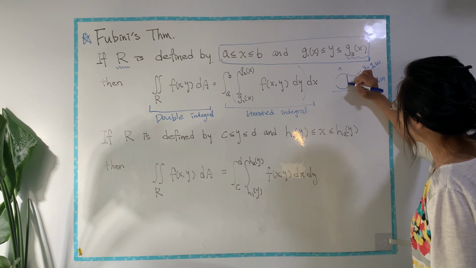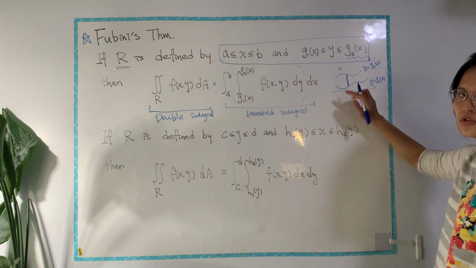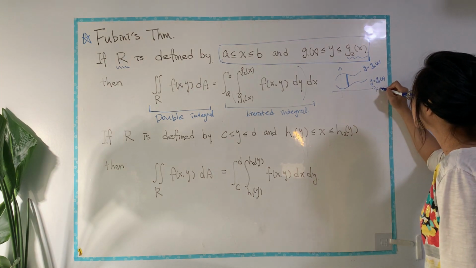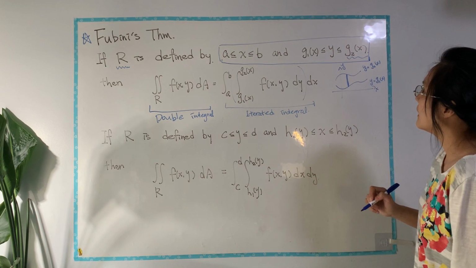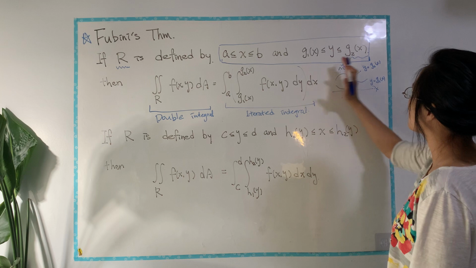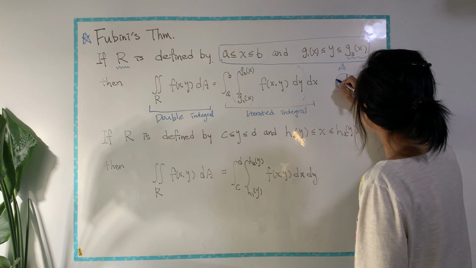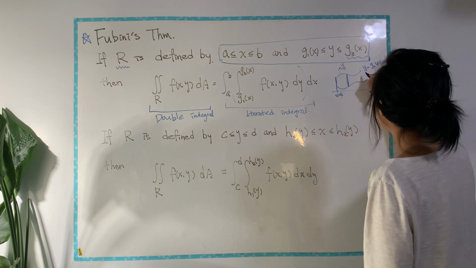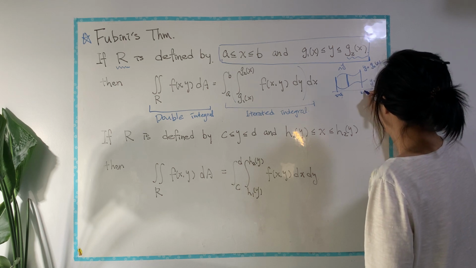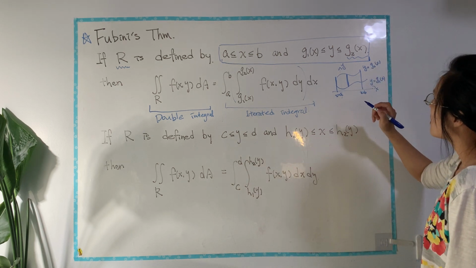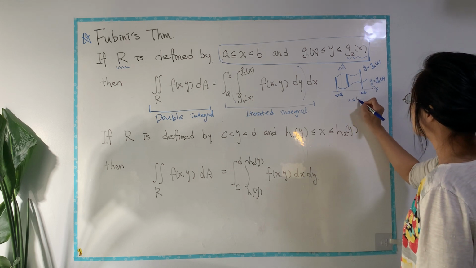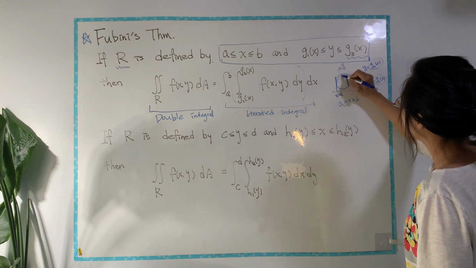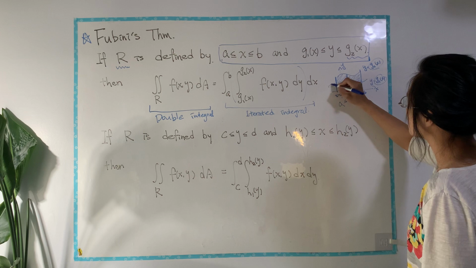You only care about the y values in between these two curves, or two graphs. Then you have different x values, and here you only want to worry about the range where x is in between a and b. So x between a and b, y between g1 and g2, gives you this region R.